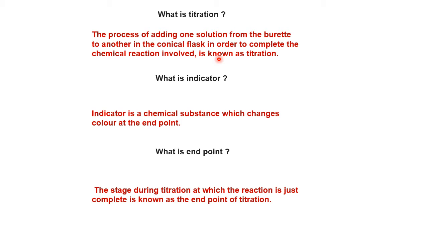The only difference is that in the lower classes, we do some practicals in the laboratory where we don't concentrate on the calculation part, or the volume part, or the quantity part. But here in titration, the volume of one liquid is known and the volume of the other liquid is also known. So using the volume knowledge and the molarity of the other one, we are calculating. So titration means the reaction between the two chemicals. Keep measurements in mind.